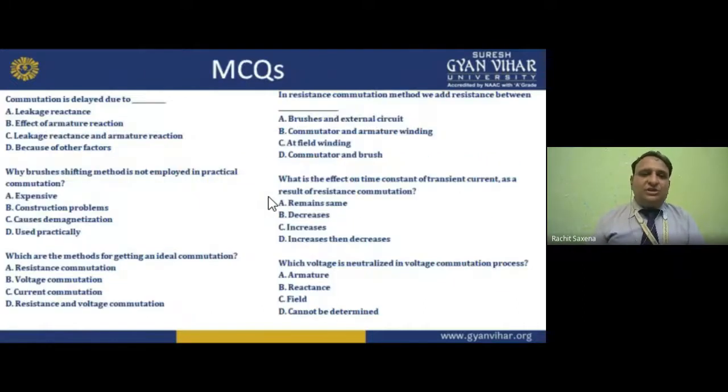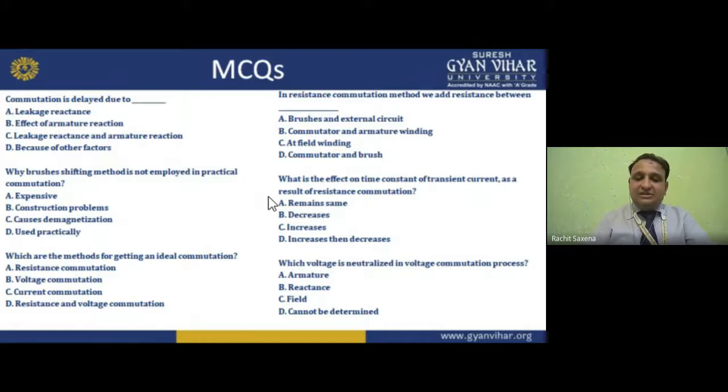Now MCQs related to this. Commutation is related to leakage reactance. Why is the brush shifting method not employed in practical commutation? Which method are we getting for ideal commutation? Both methods we have. In resistance commutation, we add resistance between the brushes and commutator. What is the effect on the time constant of the transient as a result of resistance commutation? Which voltage is utilized in voltage commutation?